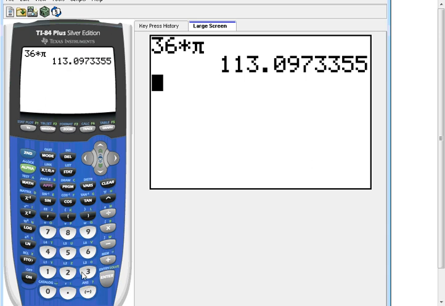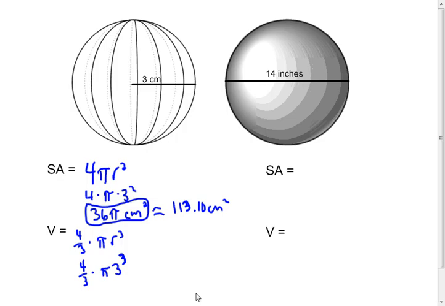We can use our calculator for that. 27 times 4/3, and we get 36 again. And it is just coincidence. So we get 36 pi centimeters cubed.